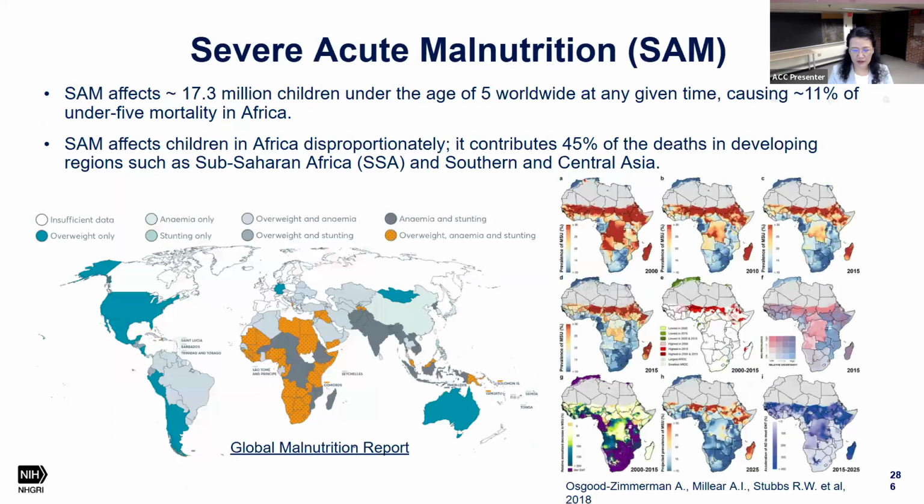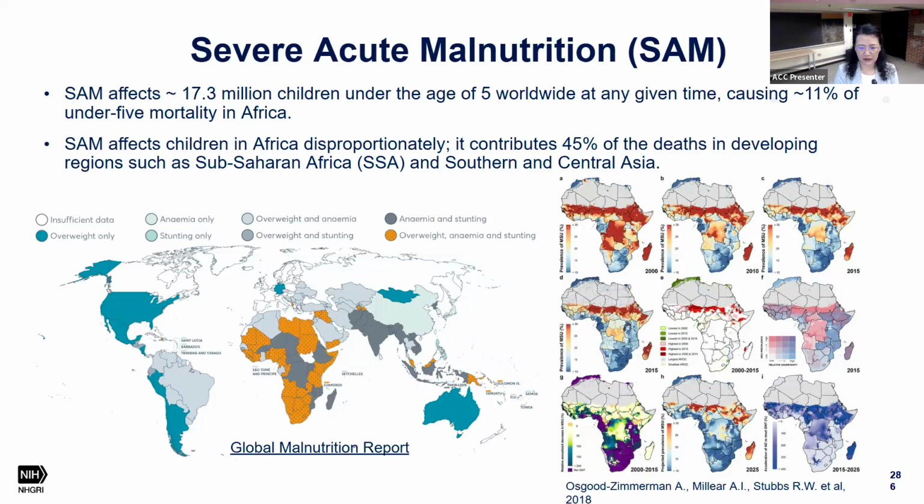And the malnutrition prevalence is disproportionate worldwide. So, for example, severe acute malnutrition, in short we call it SAM, affects over 17 million children under the age of 5 at any given time.